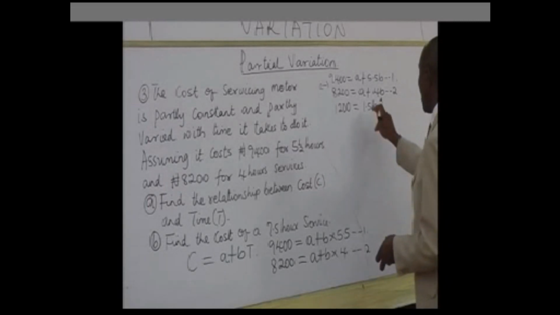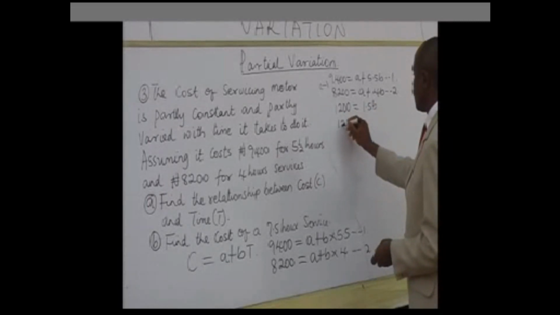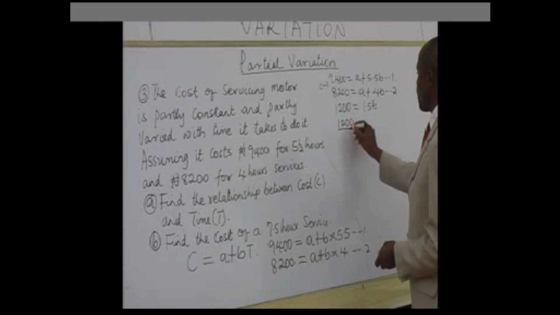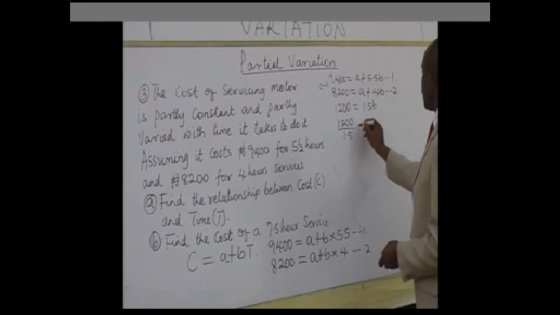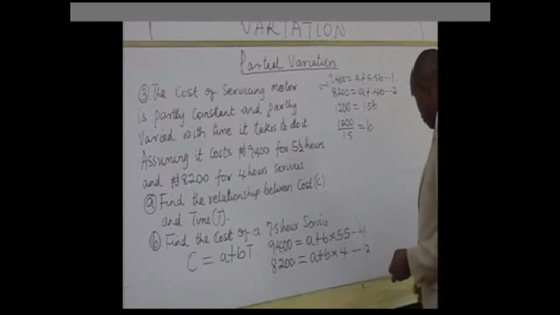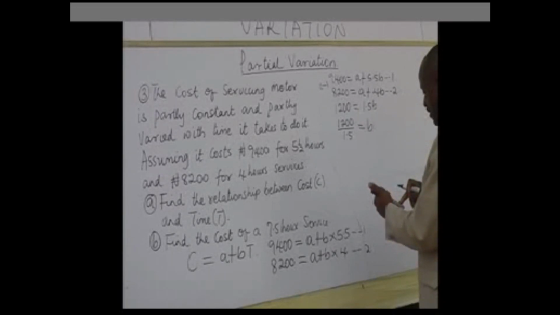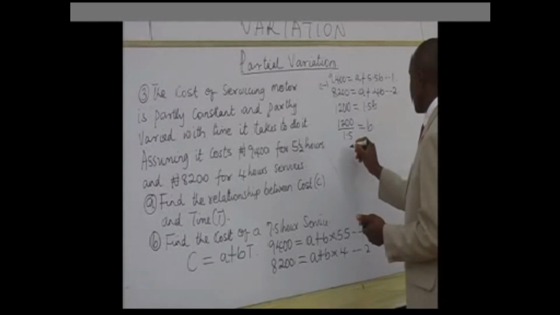Divide both sides by 1.5. You're going to have 1,200 divided by 1.5 will be the value of B. 1,200 divided by 1.5 giving me 800. So our B is 800.